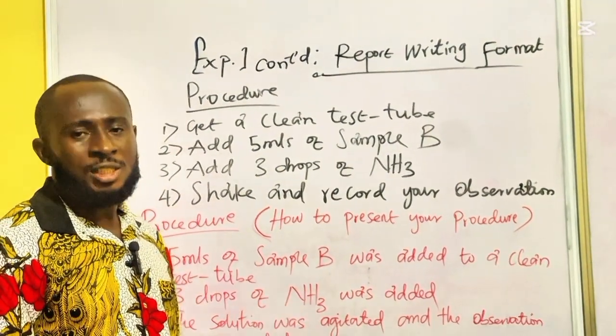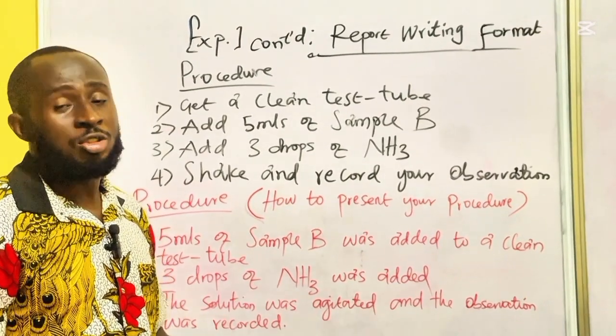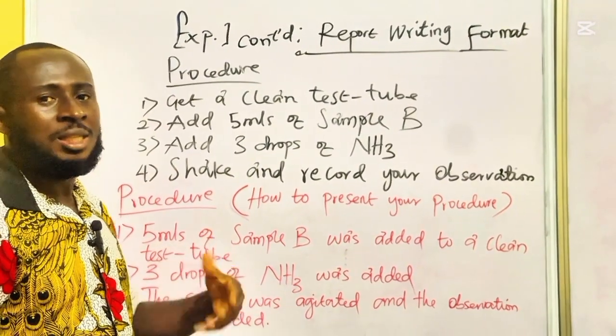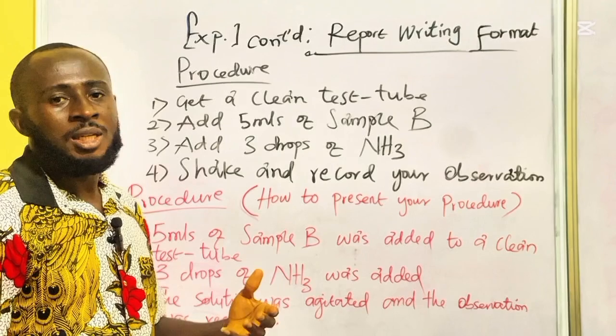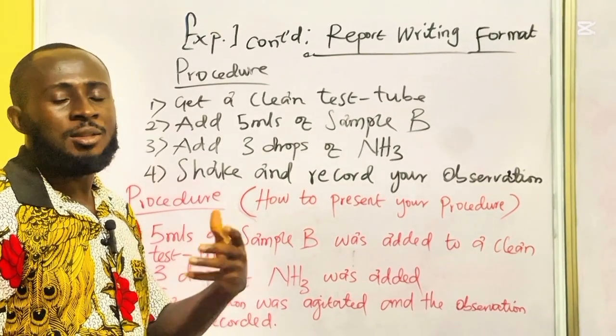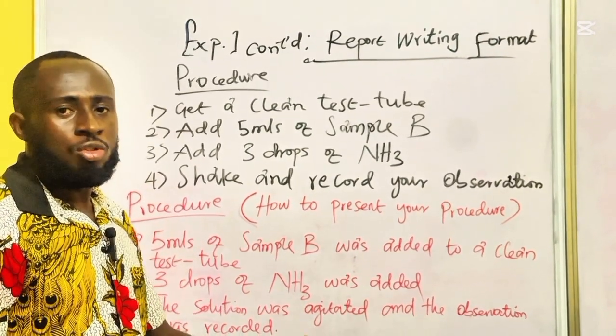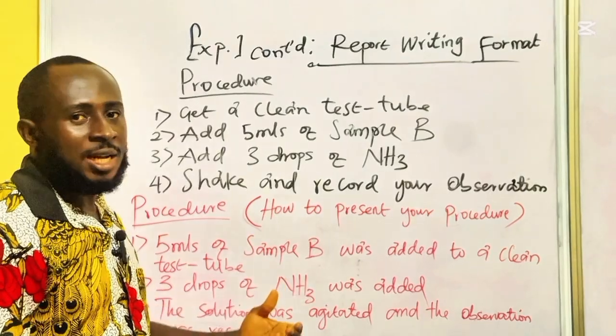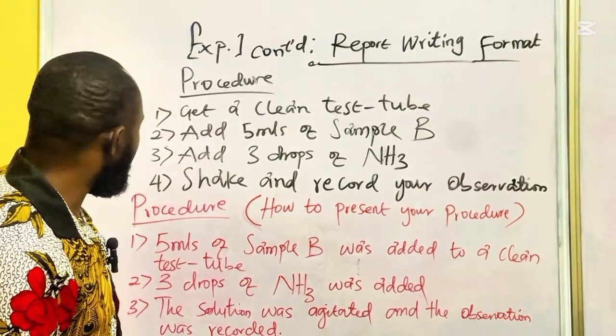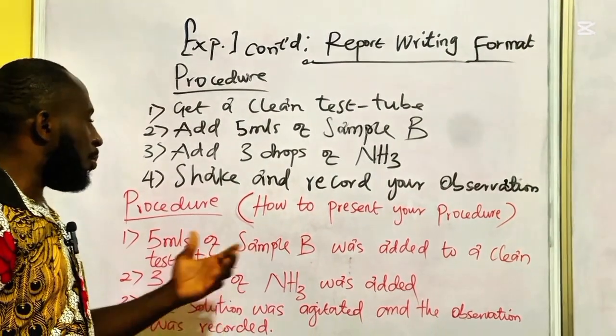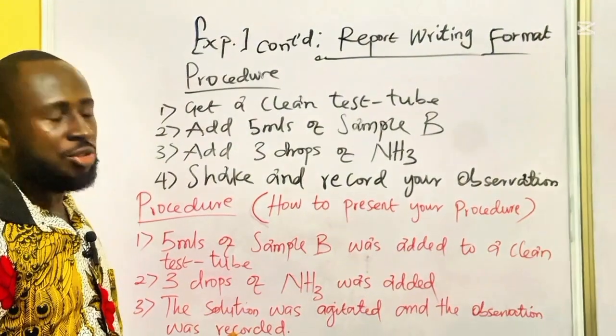Now, if you have done it, and you want to report that you have done it, it will be in reported speech. And avoid using I added, I used, my sample, and all that. Now, this is the correct way to present your procedure.